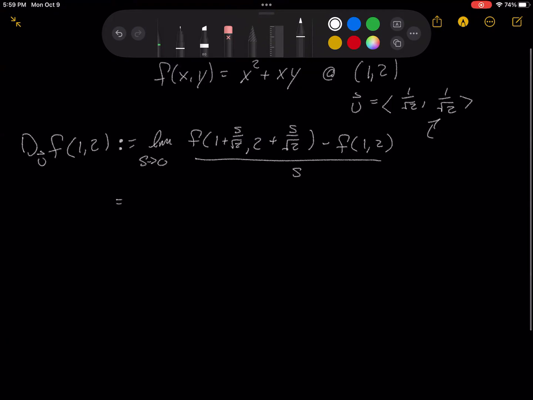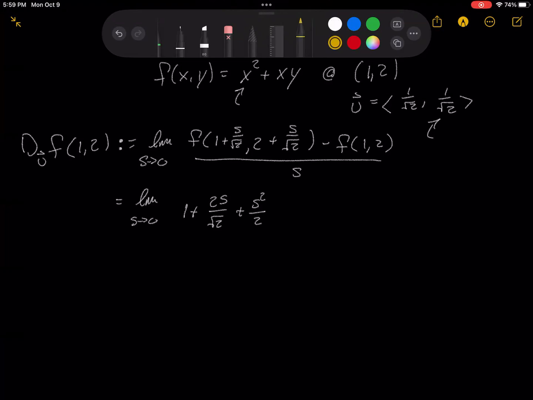All right, here it's just chasing a bunch of algebra. So we have the limit as s is sent to 0. If I evaluate my function at 1 plus s over root 2 and 2 plus s over root 2, then I believe you should get 1 plus 2s over root 2 plus s squared over 2 from that x squared, right?